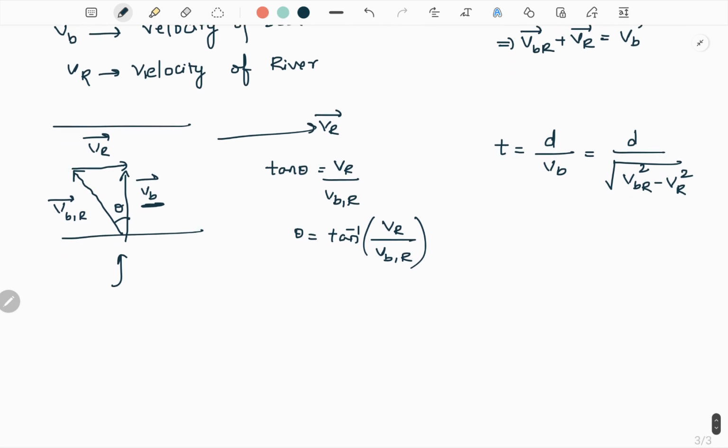Now let's discuss the next scenario where we wish to travel from one bank of the river to the other bank taking the least amount of time. I'm not going to give a detailed explanation regarding this. I'll give you the simple one directly, since you already learned. If you wish to cross the river in the least time, what must we do?